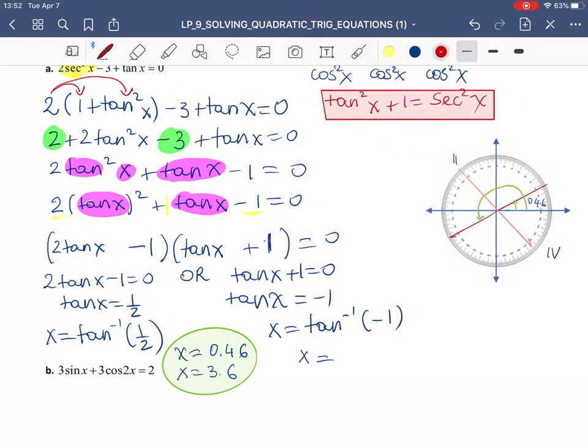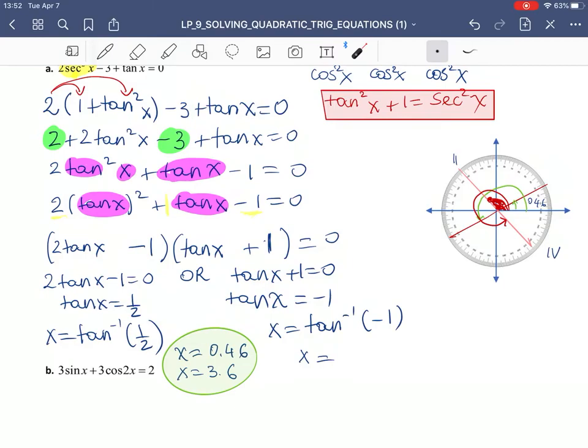And let me show where the angles are here. So we have one angle here with tan of -1. And there goes the second angle.